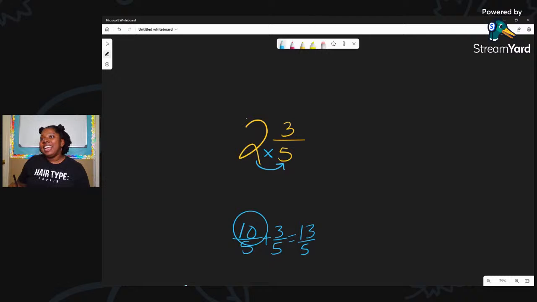And then they keep going around in a circle and they add the 3, which is exactly what we did here to get 13/5. That's basically it. So you do 2 times 5, which is 10, plus 3, which is 13/5. That's it. Okay. And I hope that helps.